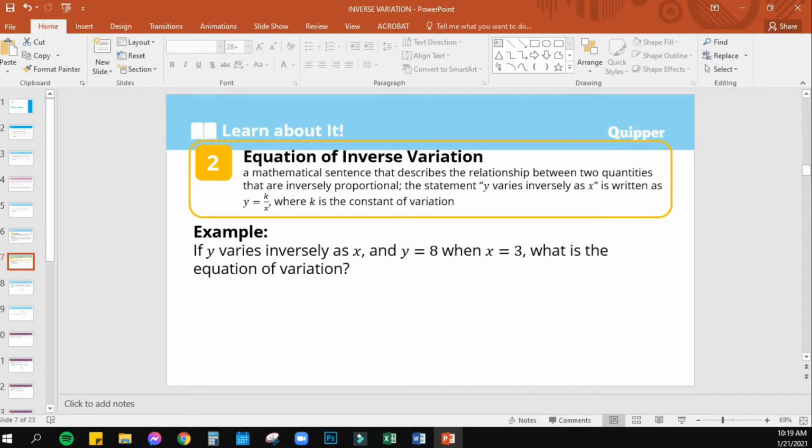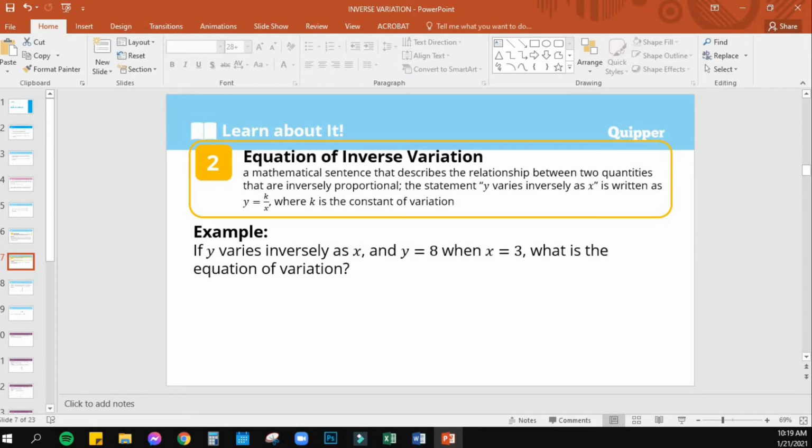So in the inverse variation, there is also an equation. It is a mathematical sentence or statement that describes the relationship between two quantities wherein there is an inverse proportion, or they are inversely proportional.